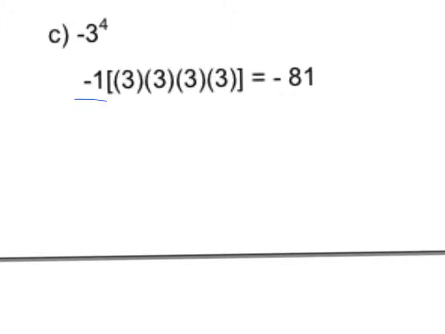We just don't write the 1 ever. So this negative right here means the same as having a negative 1 in front. So inside the brackets you have 3 being multiplied 4 times and then being multiplied by a negative 1 at the end. So 3 to the power of 4 is 81 times a negative 1 gives you negative 81.